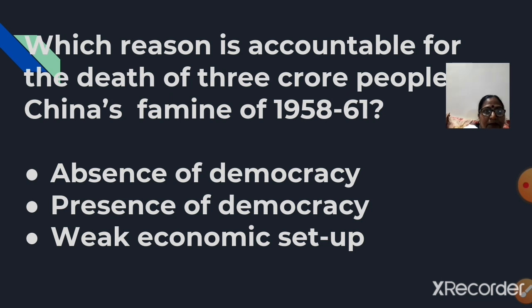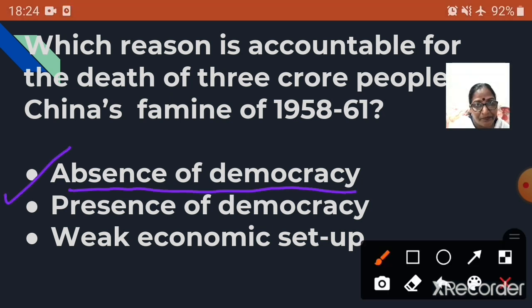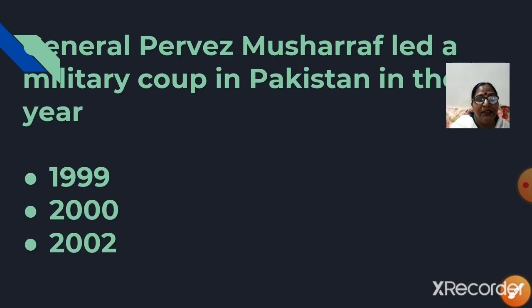What was the reason? The first option is absence of democracy, the second option is presence of democracy, and the third option is weak economic setup. What do you think? What is the right answer? Just check whether you got it right. The answer is absence of democracy.